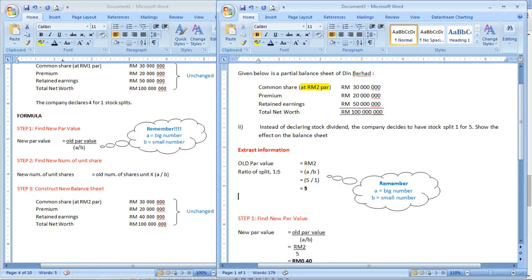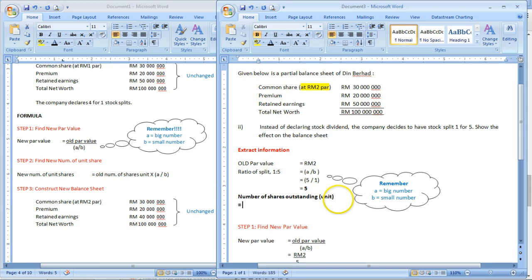Remember I taught you before to find the number of shares outstanding in units. In my previous videos, the formula is common stock in RM divided by par value.